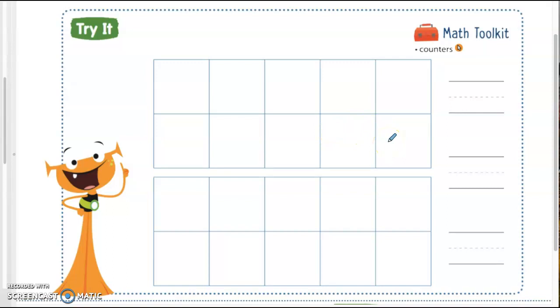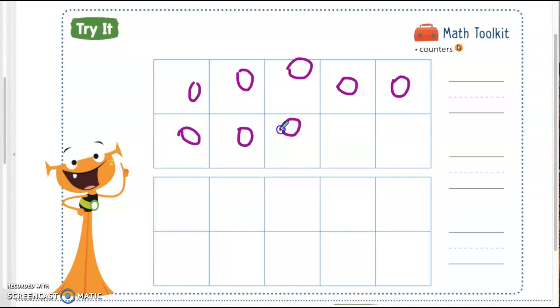Let's talk about how we know how many are in a 10 chart. If I put circles right here and I fill up everything, right? Oh, my handwriting's a little sloppy because I'm doing it on the computer. Okay, so let's count.